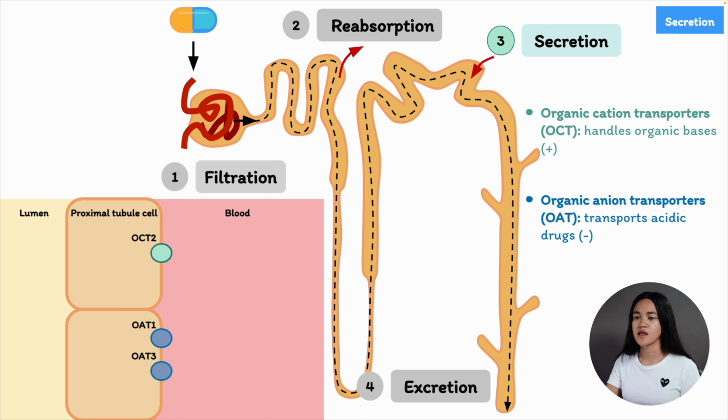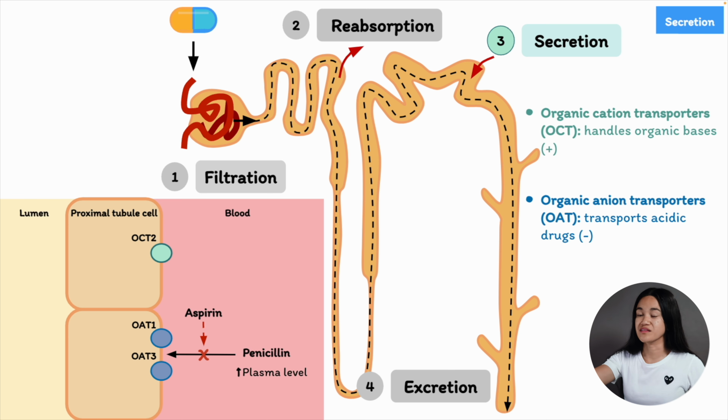So for example, if we have a patient here that takes aspirin, this can inhibit the excretion of penicillin into the urine, okay? So what happens then? We said there would be a decrease in excretion due to the presence of a tubular secretion inhibitor. That means that the half-life will be increased, so penicillin will be less excreted, so it will remain longer in the body.